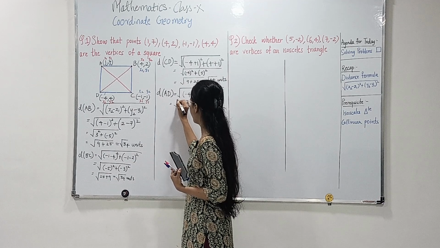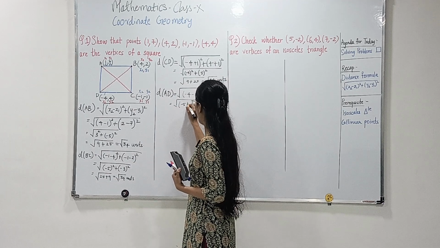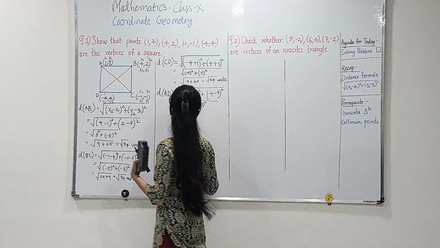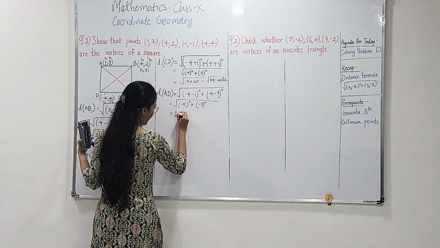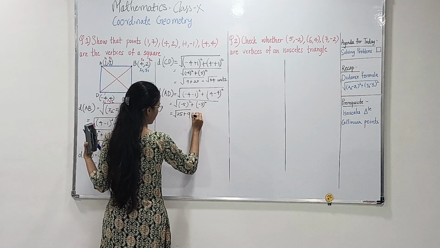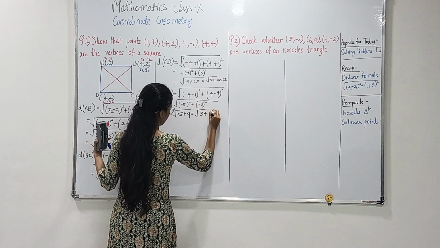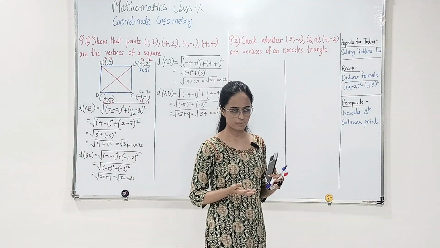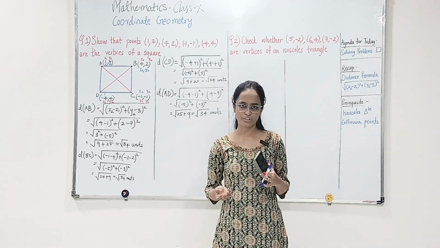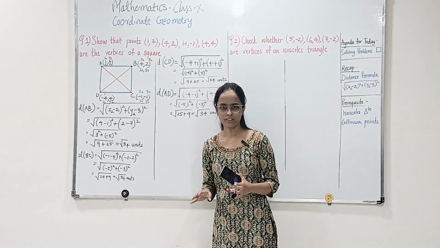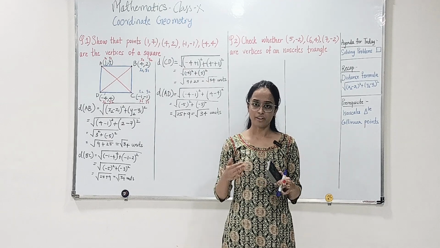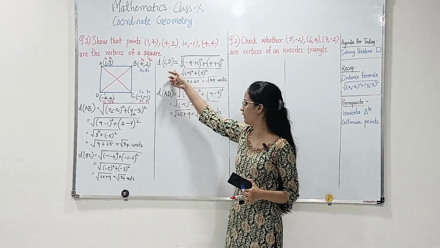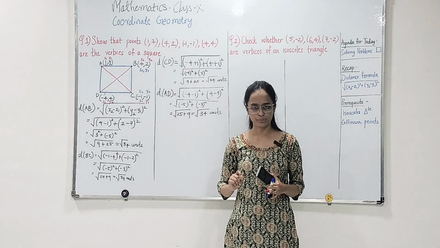So that is under root of minus 5 the whole square plus minus 3 the whole square. So again you would get 25 plus 9, so that is under root of 34 units. So with this we come to the end of step 1, where we calculated the length of all the 4 sides, and we saw that up till now we are successful with verifying that the length of all the 4 sides is same. Okay, so we got AB, BC, CD and AD as root 34 units only.